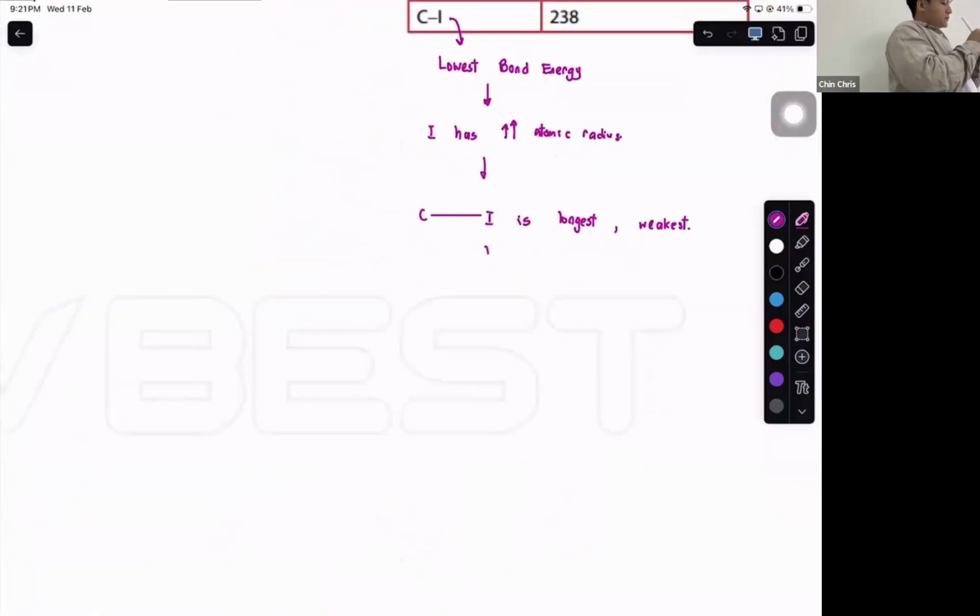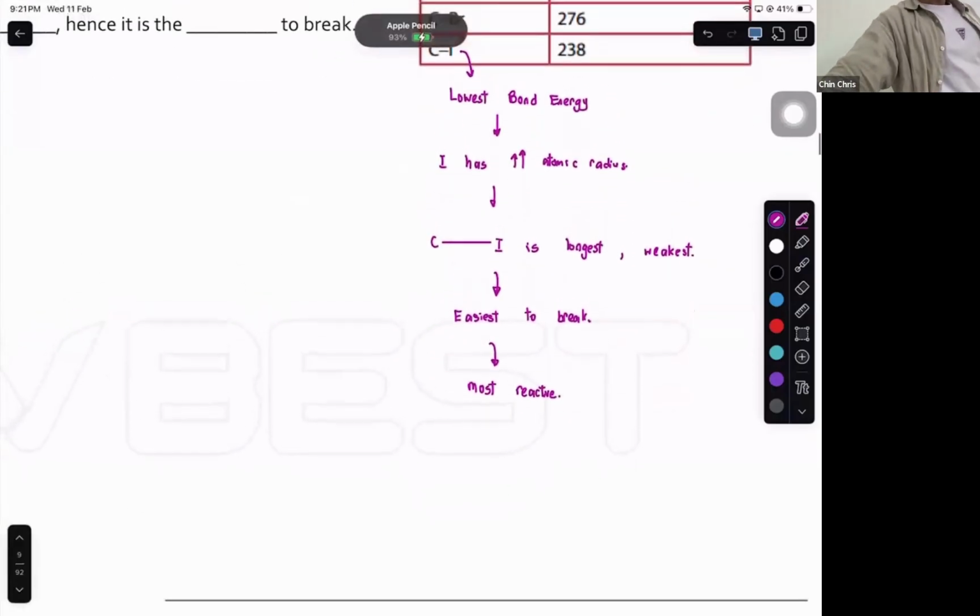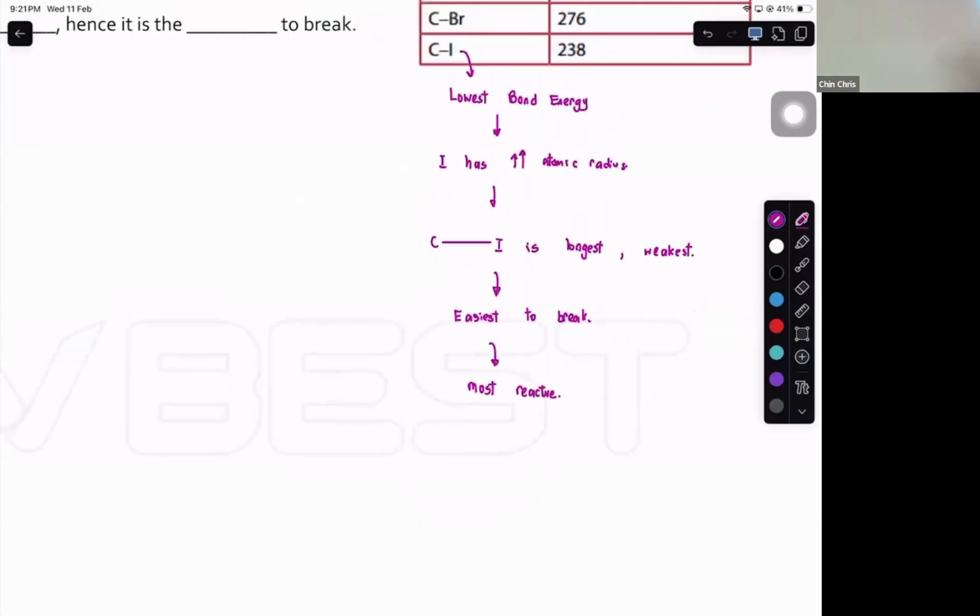Then eventually, it's the easiest to break. It's the most reactive one. Okay, please write it down. Alright guys, please write it down.